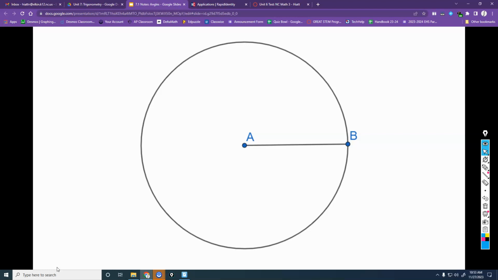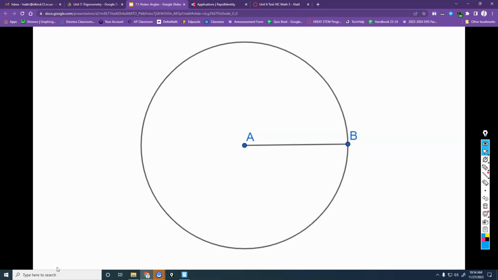But you'll lay it along the edge of the circle, and I want you to make a mark. Put a point right there at the end of that length of string. Okay? So you're laying your string along the edge of that circle, and you're putting a dot at the end of that string.